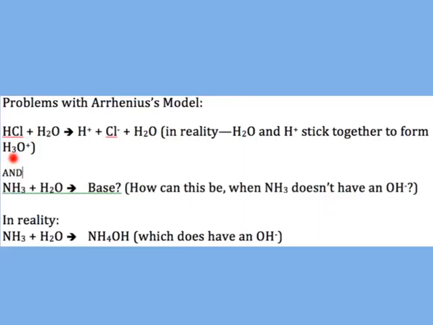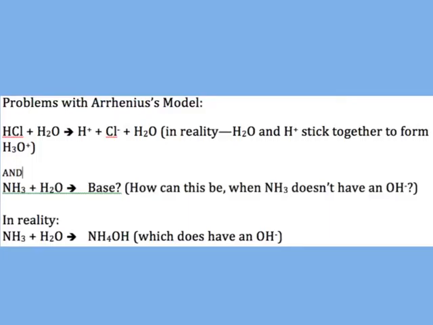And because of that, technically, is there any H+ in solution? And therefore, does Arrhenius' definition actually make sense? And the answer, of course, is no. So because of the complexity of the molecules and their interaction with each other in solution, the Arrhenius model starts to break down a little.